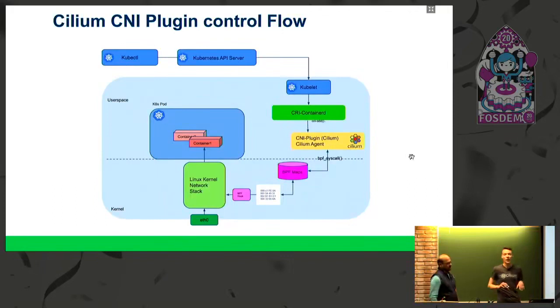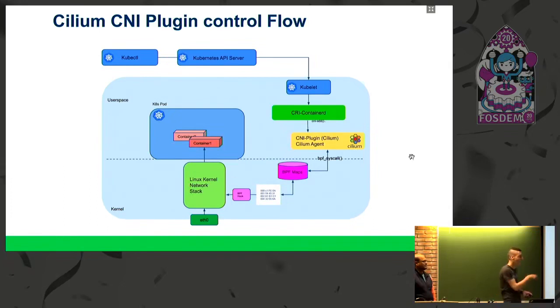So basically, when you create the pod with kubectl, you of course firstly call the Kubernetes API server. The kubelet takes that request and calls the CRI, and the CRI can be Docker shim, containerd, or CRI-O, and then usually the CRI implementation calls the CNI plugin to create the network interface and provision the networking for the pod.